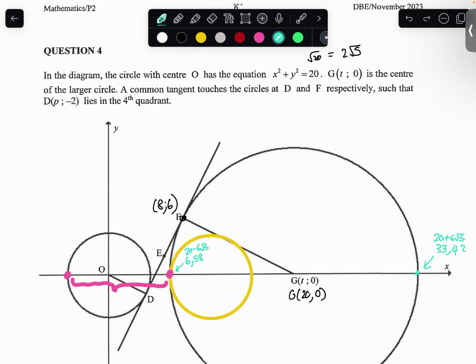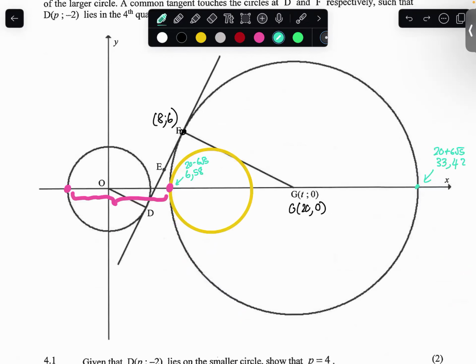Okay, so here's the thing. We established that in order for the smaller circle to touch the bigger circle internally, it's got to move this distance, from this point to this point. Now, how do I figure out what that distance is? In my brain, it's this distance plus this distance.